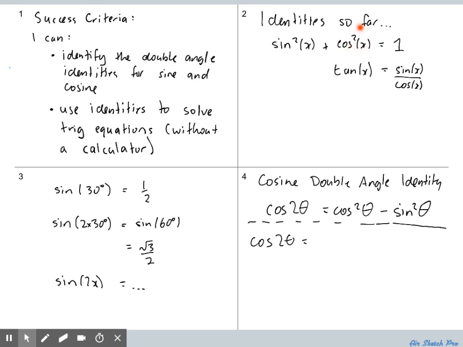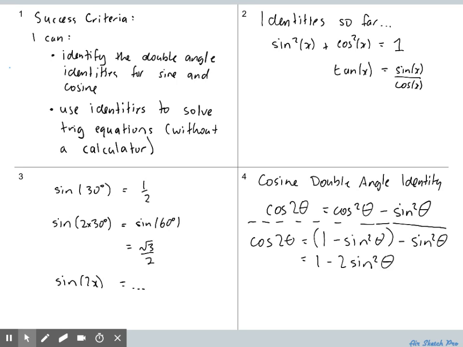Is it okay if I just say that from this identity, cos squared theta is 1 minus sine squared theta? Just by taking it to the other side. So if we look at cos squared theta and we replace it with 1 minus sine squared theta, can you see that we've got 1 minus sine squared theta minus another sine squared theta? So we've actually got 1 minus 2 sine squared theta.